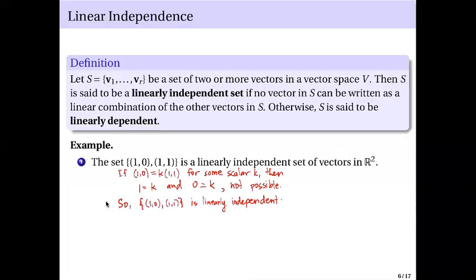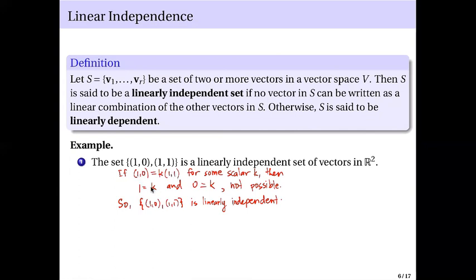If you recall this example here, there are two vectors, and then we just tried to solve for this scalar k. But this also means: is this a scalar multiple of this, or the other way around?